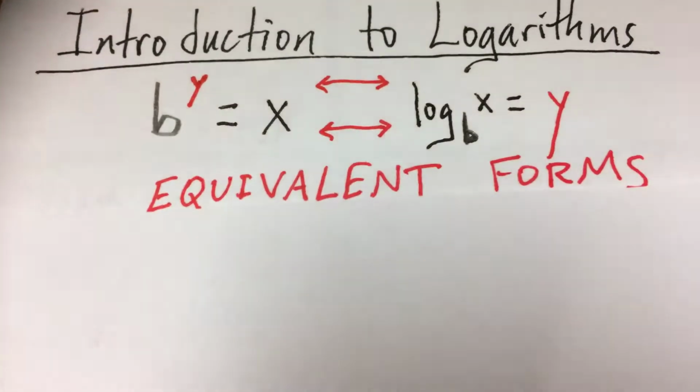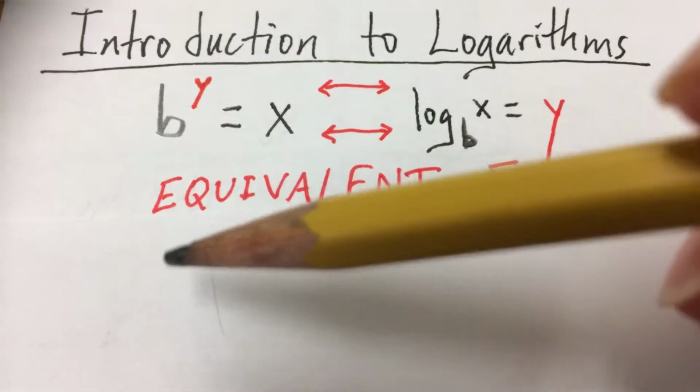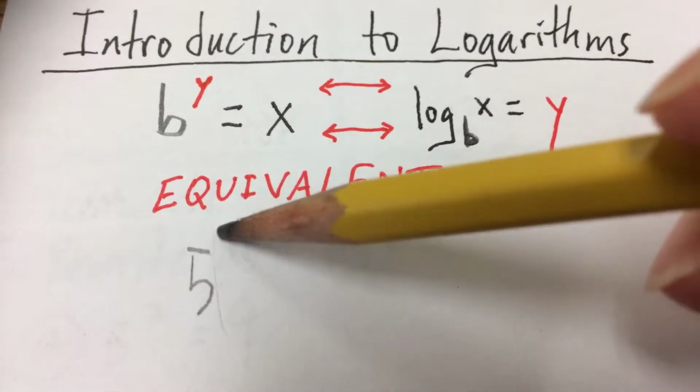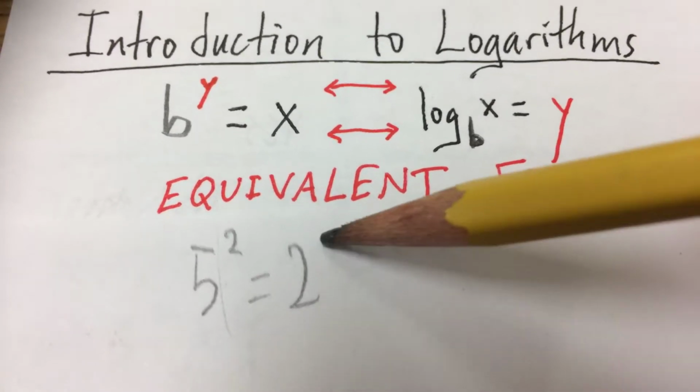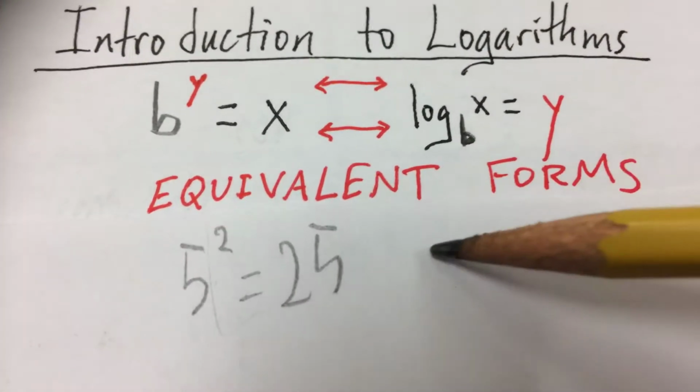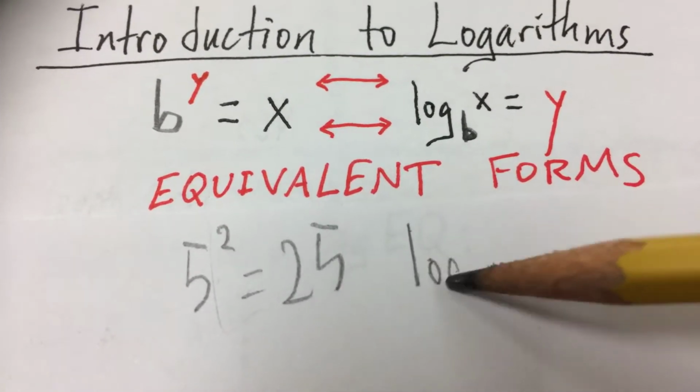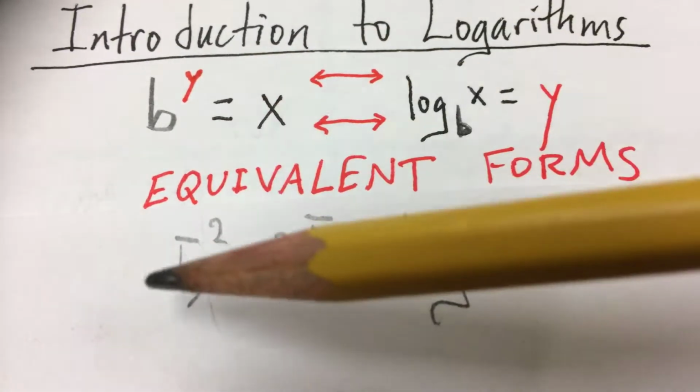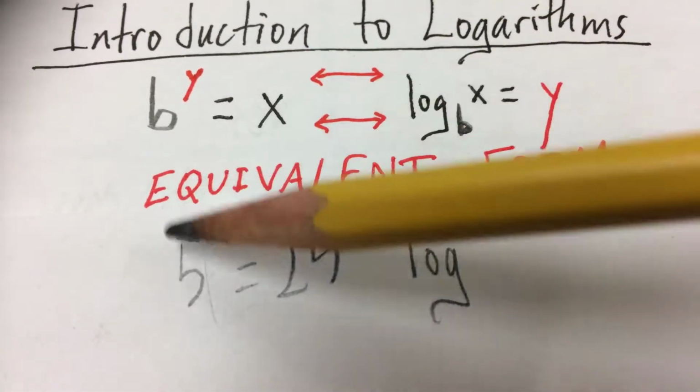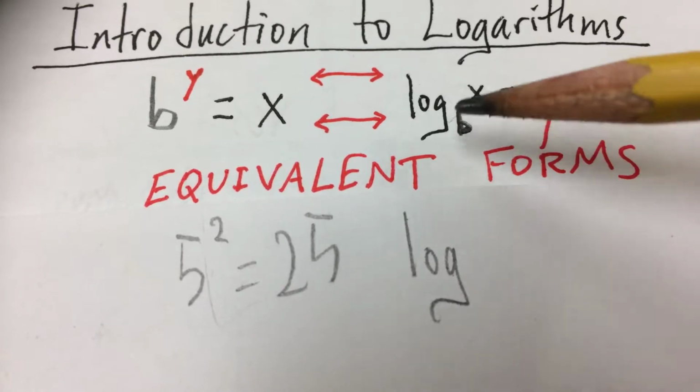So for example, if you have 5 squared equals 25, you can write that in logarithmic form by writing log, and then the base of the exponent, b for base, that 5 would now be the base of your log.